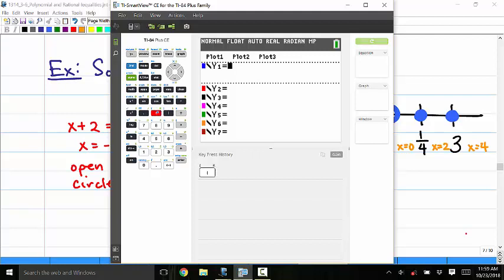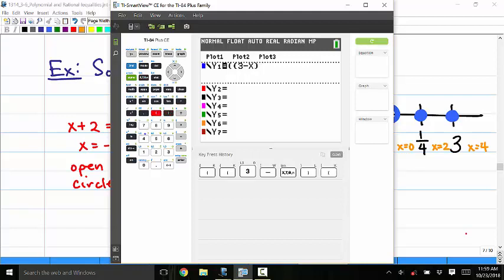So make sure you put an open parenthesis before you even start putting your numerator in. Your numerator was 3 minus x in parentheses. So here comes the numerator, and I want 3 minus x.